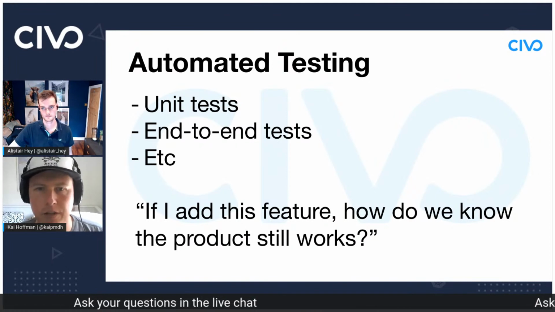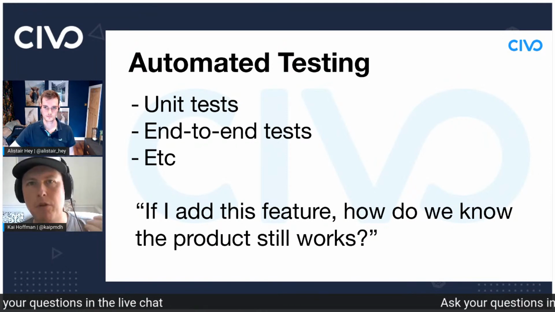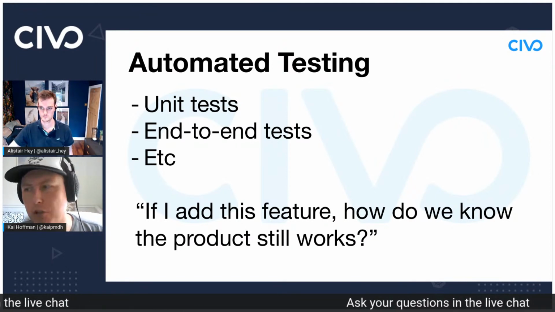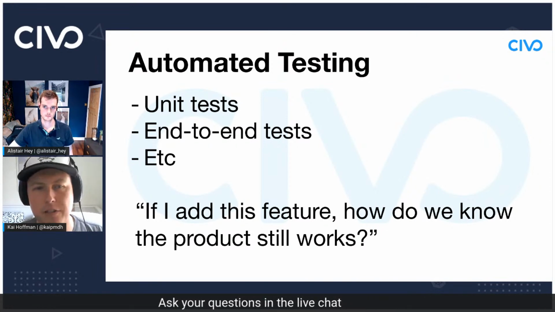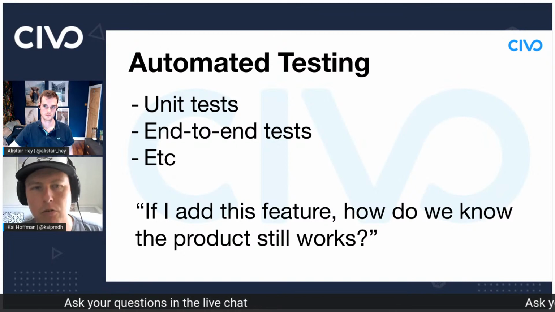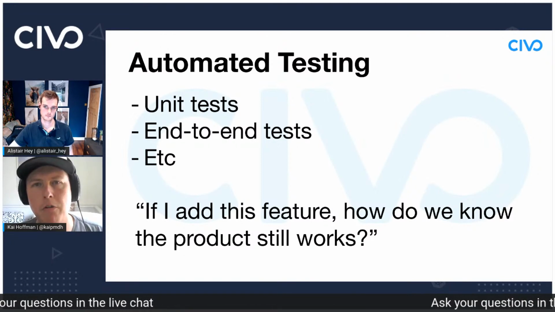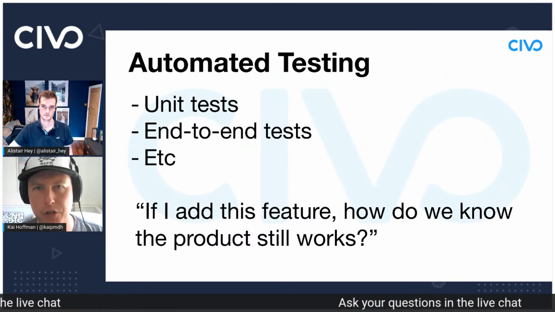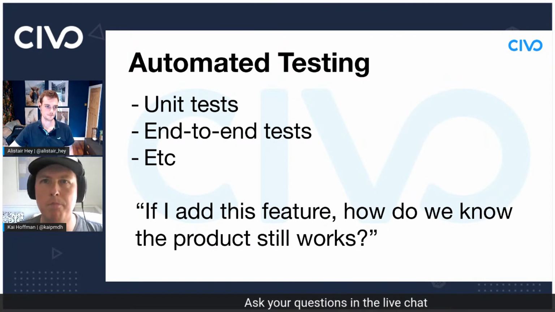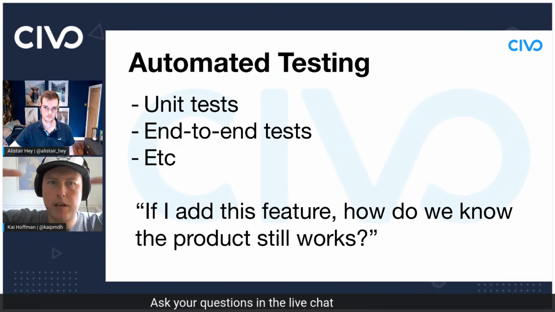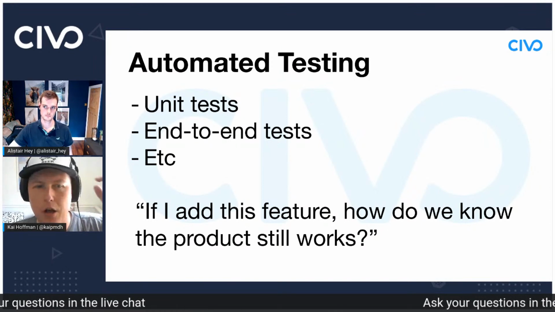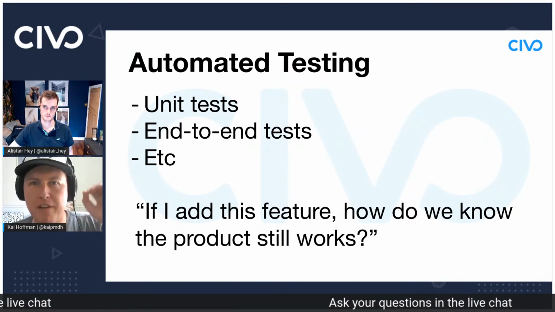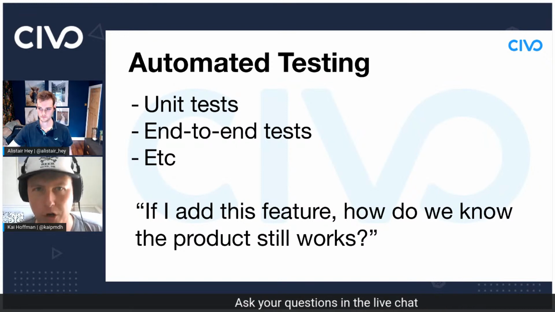But the idea with all of these is that it gives you confidence, right? If I add this feature or change this code, how do we know that the product still works and does what it needs to do? So you're building effectively a confidence scaffold, putting things in place to prove that whatever you're writing works.